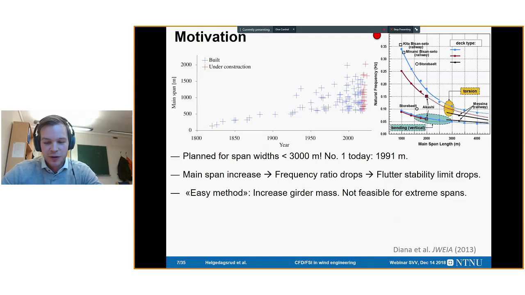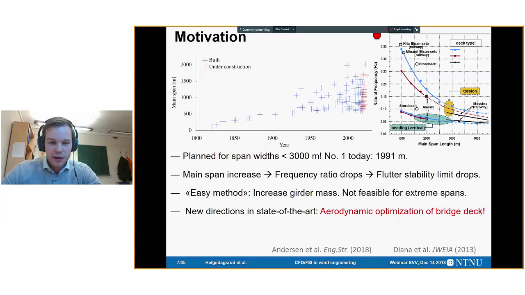So we must use some new ideas, and there are already some new directions in the state of the art. It has, for example, been explored by Mikael Andersen; you can see his talk earlier. If you really engineer the aerodynamics of the bridge deck, we can live with a low frequency ratio but still have a stable bridge.